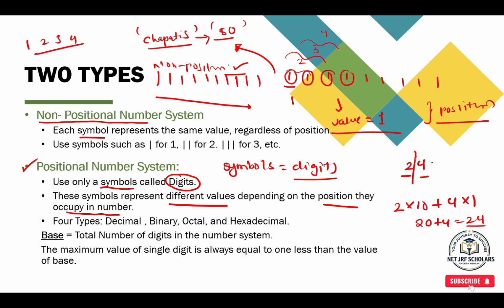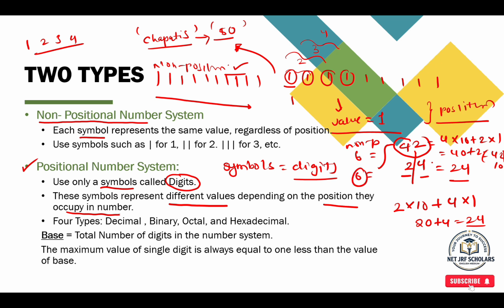If you say 42, this is not the same value as 24. It becomes 4 into 10 plus 2 into 1, so 40 plus 2 is 42, right? If it were a non-positional number, the value of both would be 6 only.